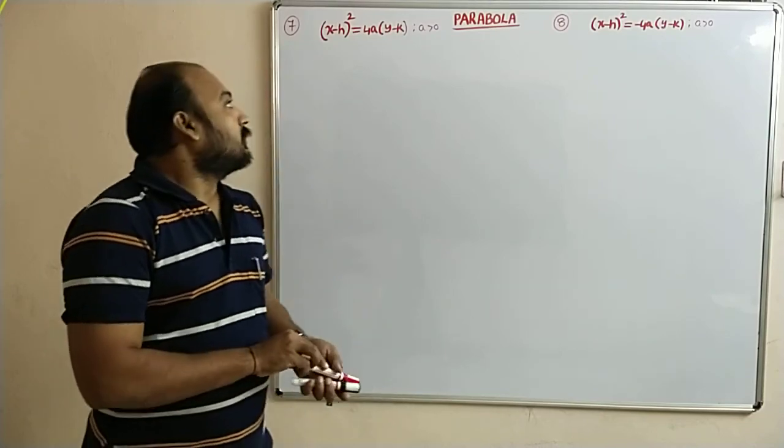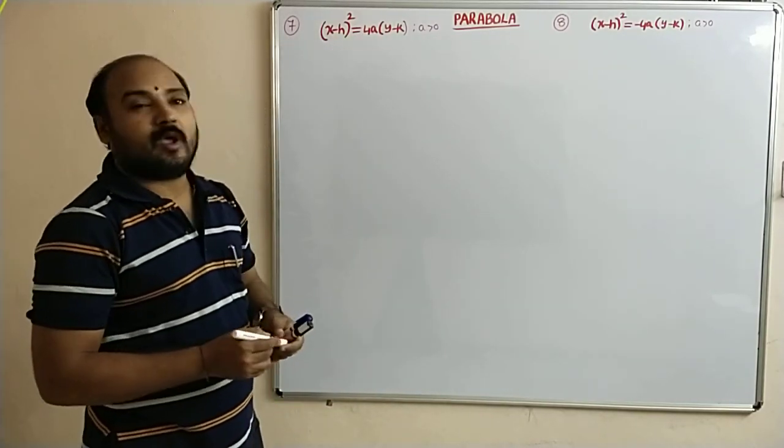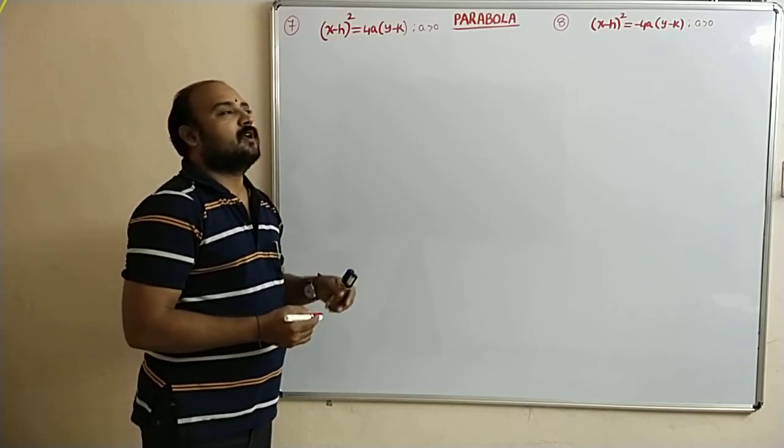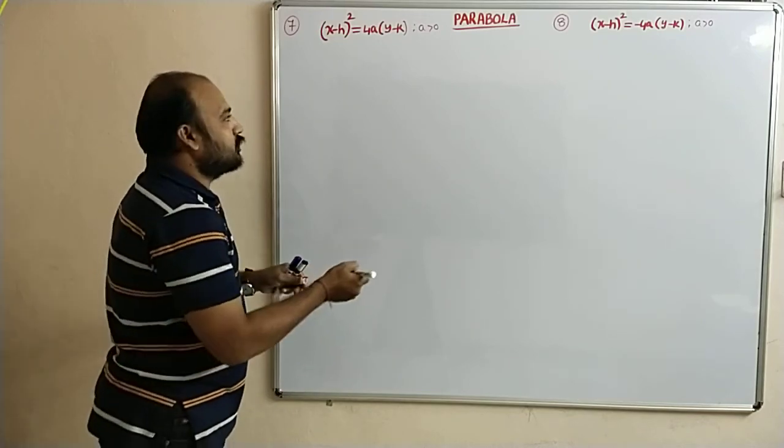The next one, the 7th one: x minus h whole square equal to 4a into y minus k. This is the parabola equation symmetric about y-axis, in the positive direction of y-axis.